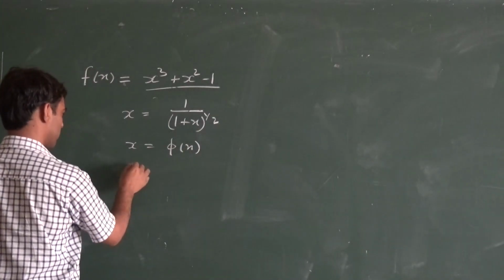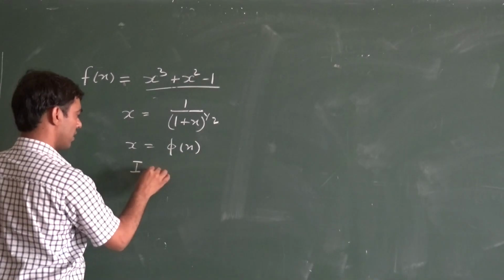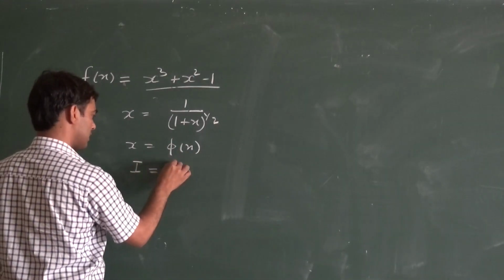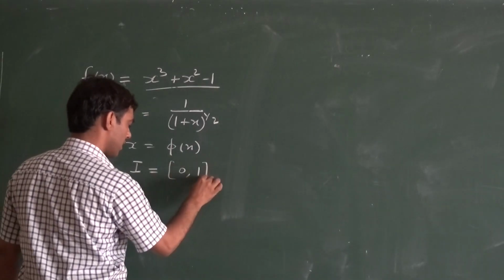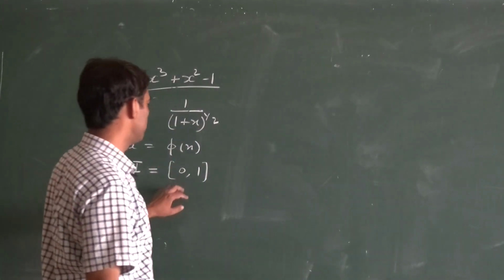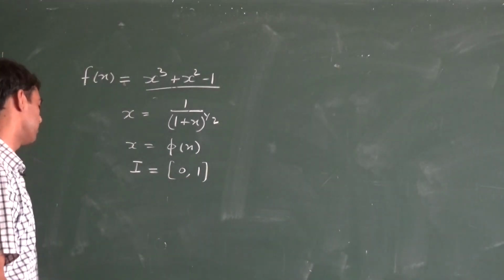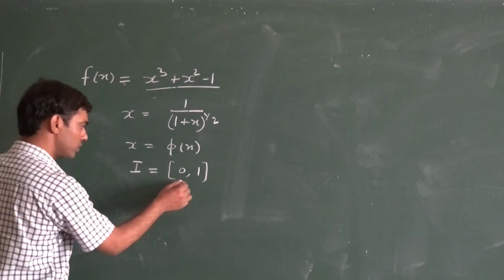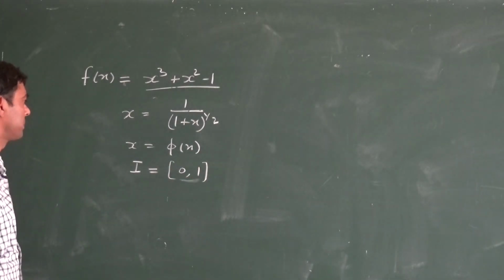And in this class interval there exists a real root, because at 0 the value of the function is negative and at 1 the value of the function is positive. So we choose the initial value between 0 and 1.